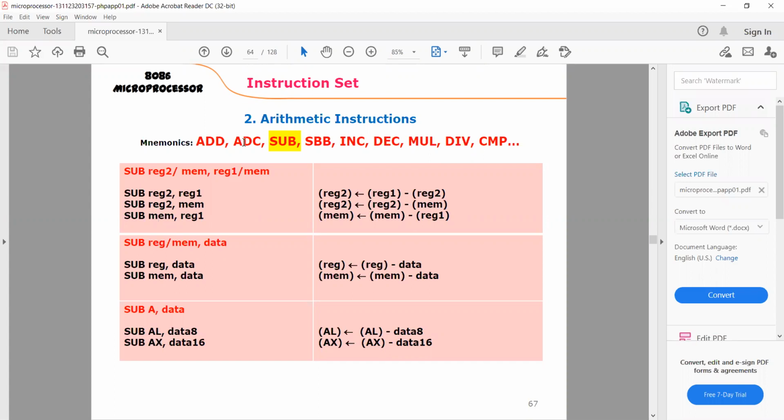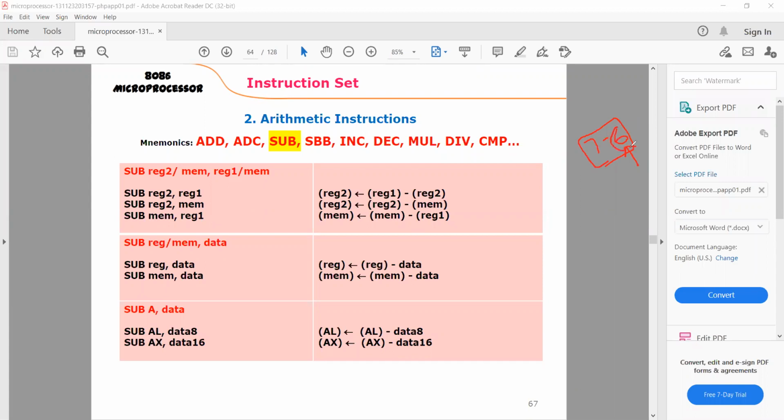I'll give you an explanation of how the subtraction operation takes place. Generally, subtraction means we will just do 7 minus 6. That is what we generally do, right? But inside the microprocessor, this is not the process that happens. The 6 is called the subtrahend.